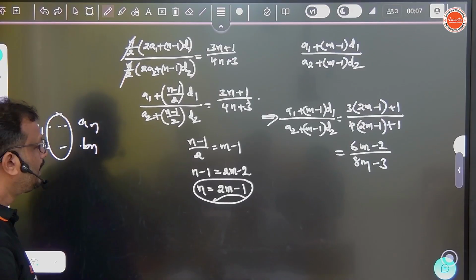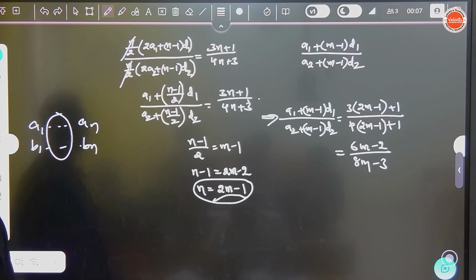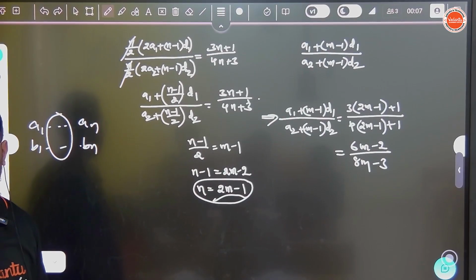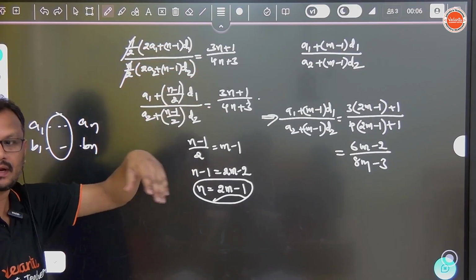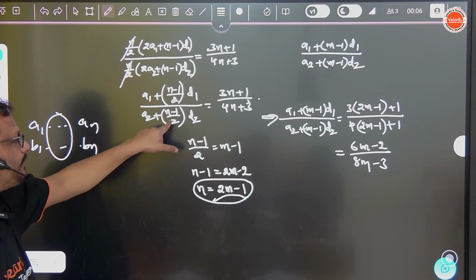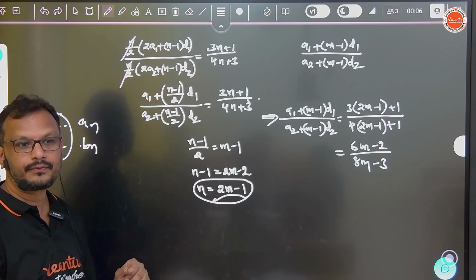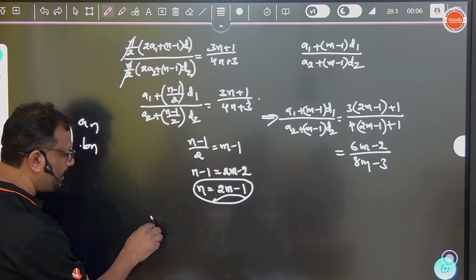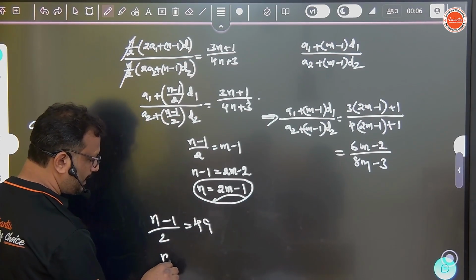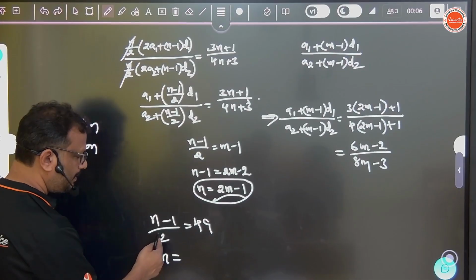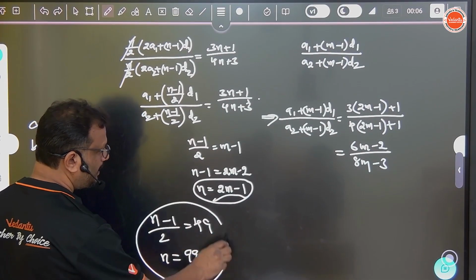The 50th means n minus 1 by 2 must be equal to 50 minus 1. a1 plus 50 minus 1 into d1, right? Here also a2 plus 50 minus 1 into d2, right? So this must be equal to 50 minus 1. So n minus 1 by 2 equals 49. So what can be the n value now? 98 plus 1, 99.